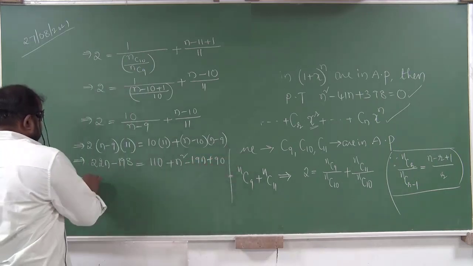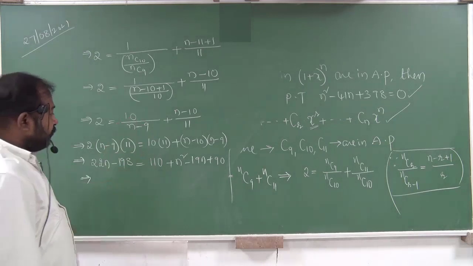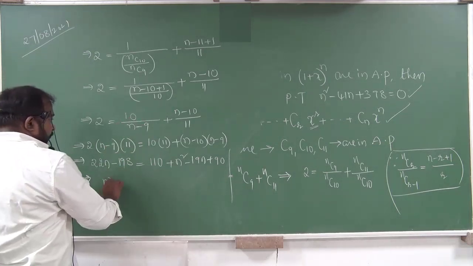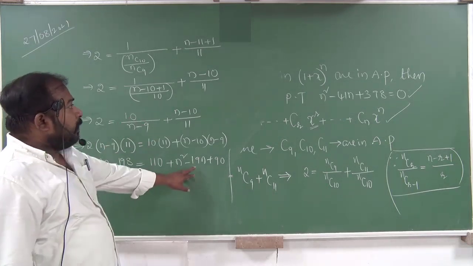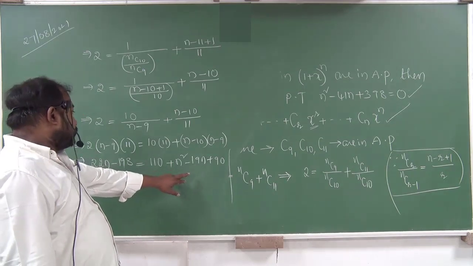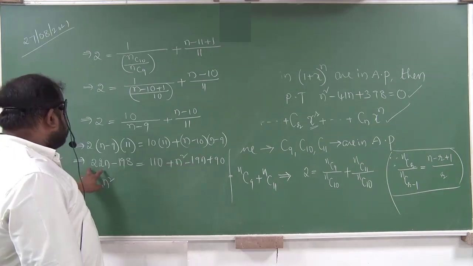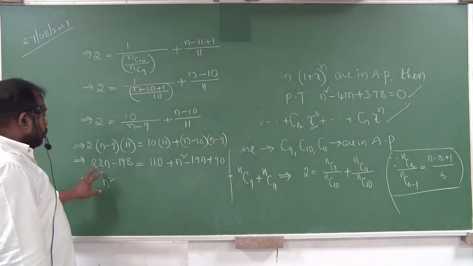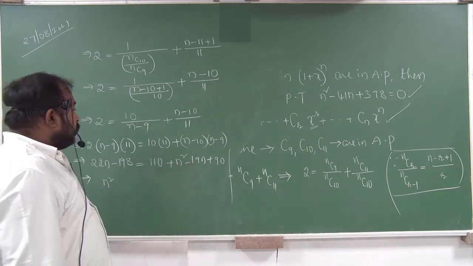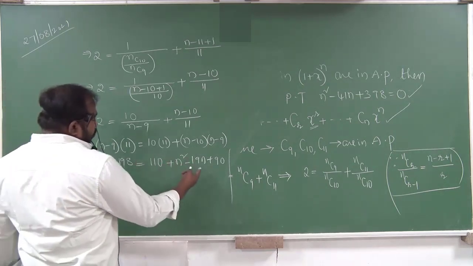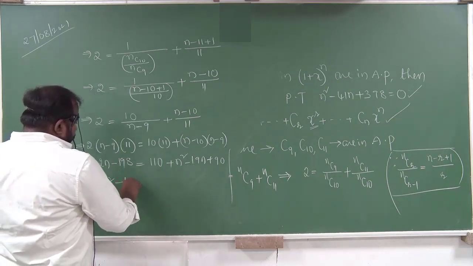Now simplify. Our aim is to show that result. So n square stays as it is, next minus 19n, and here it is 22n. If you bring this value to this side, then 22n changes to minus 22n, giving minus 41n.